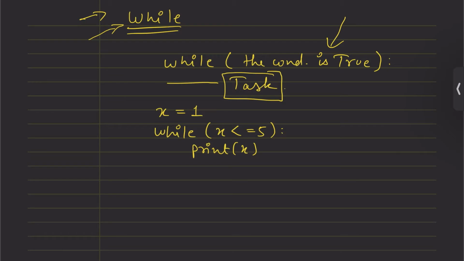It will keep on printing x on the next line, and then x plus equal to 1. Here I am using the increment operator, and without using the indent, I will use the print command like this: print, in the brackets, "program ends".